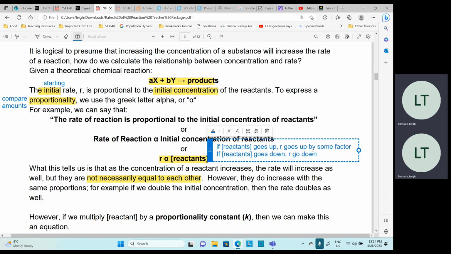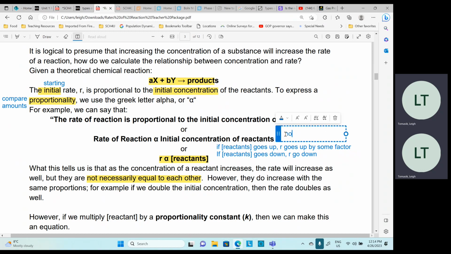Maybe it'll go up by a factor of 3. Okay, so it's proportional because it's not necessarily 1-to-1. It could be a 1-to-2, 1-to-3, 1-to-4. However, they do increase with the same proportions. For example, if we double the initial concentration, then the rate doubles as well.